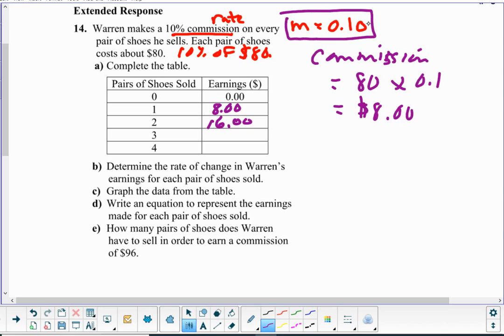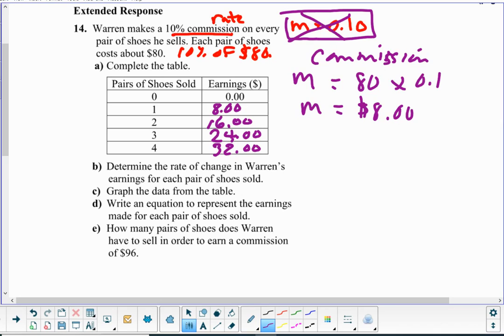Our slope is actually 8, because 10% of 80 is what we're increasing by. A bit misleading there. Okay, so 24, 32.